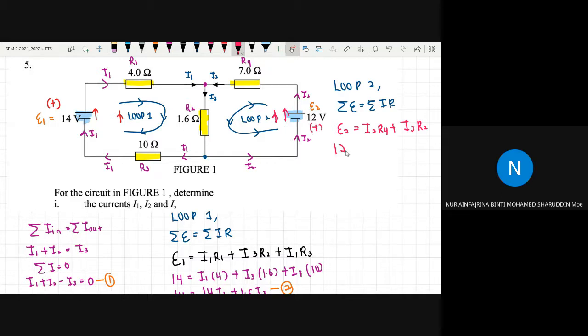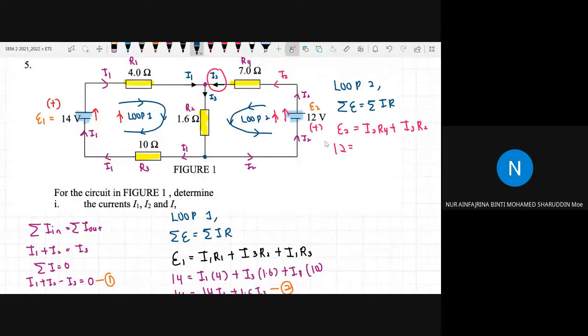So, it's going to be 12. Positive 12. Current 2 ke bawah. Current 2 kita ke kiri dan loop kita ke kanan. Jadi, dia positif ke negatif? Nampak tak? Current dia ke kiri, tapi loop kita ke kanan. Miss, Miss punya direction terbalik. Dia anti-clockwise. Okay. Miss terbalik. Ni betul ke?